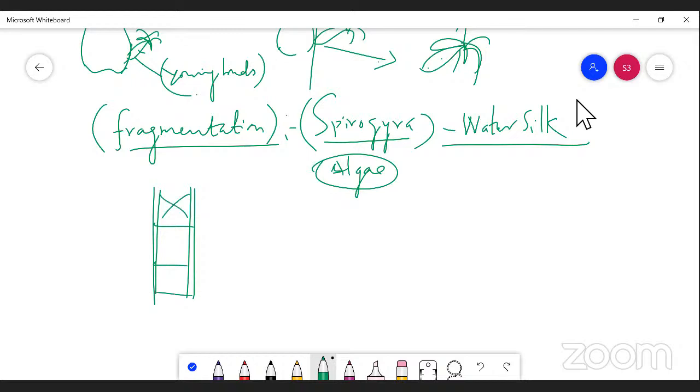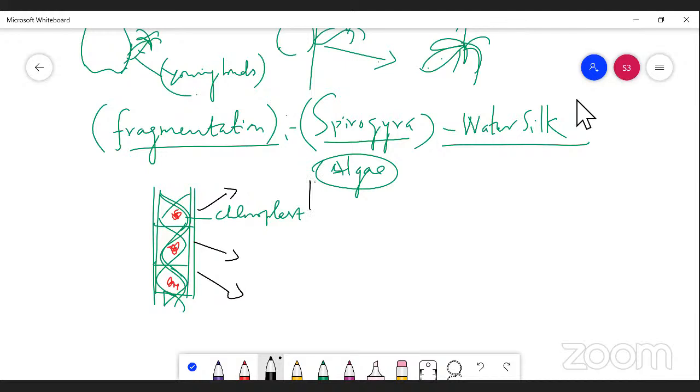Spirogyra is septate, with a ribbon-like chloroplast and a nucleus inside. The body breaks into small fragments, and each piece develops into a new organism.